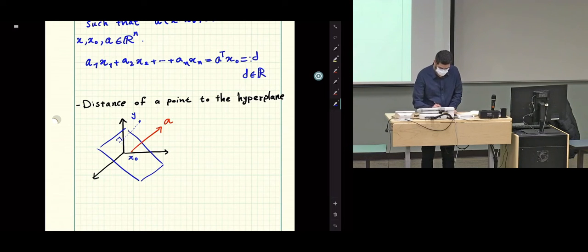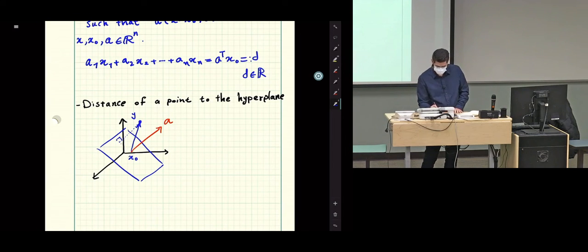So what are the tools we have? We know x0 is a point on the plane. That's how we get the right-hand side, d, right? And I suppose I can draw a vector like this to the point.